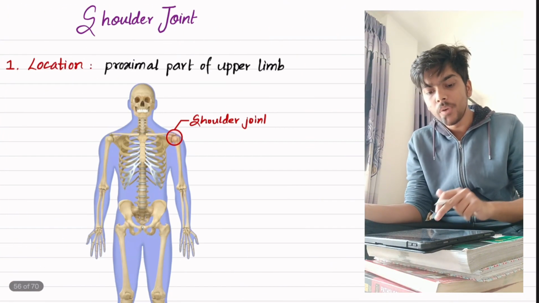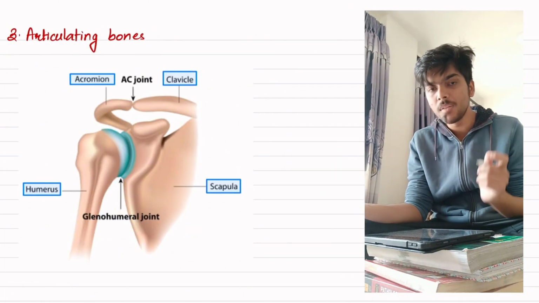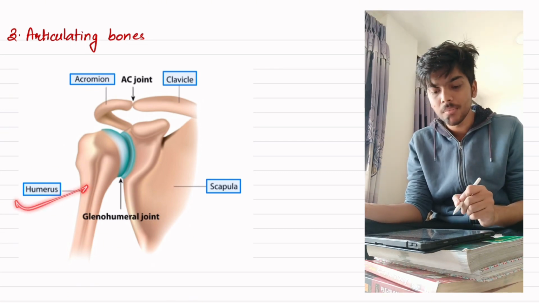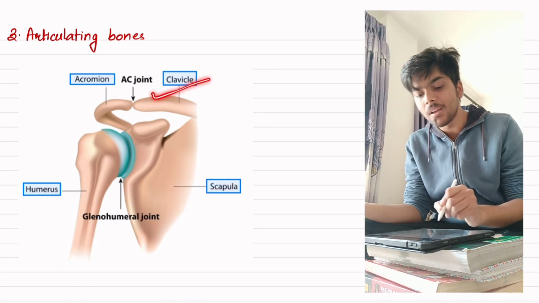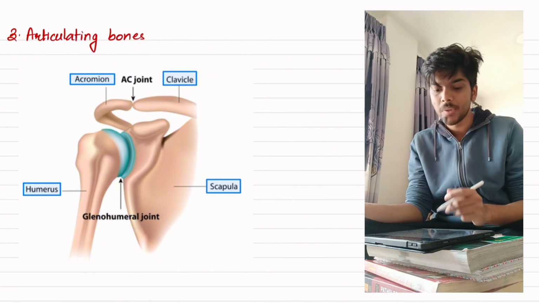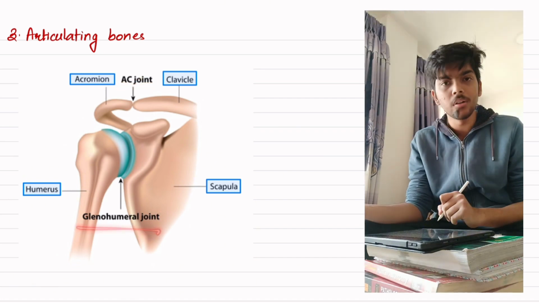Second, we have the articulating bones. The bones that are responsible for the formation of the shoulder joint are your humerus, scapula, and clavicle. The shoulder joint is composed of two joints, the acromioclavicular joint and the glenohumeral joint.